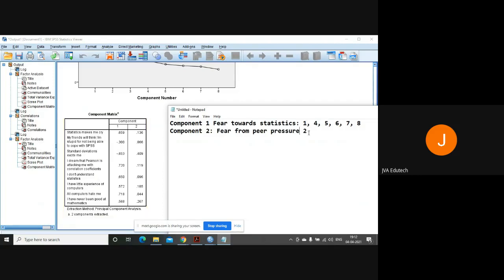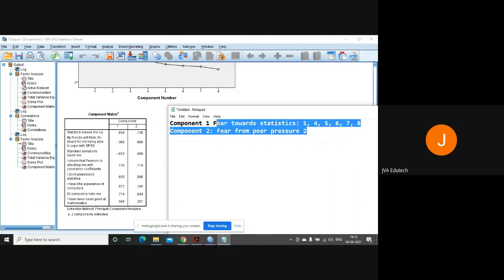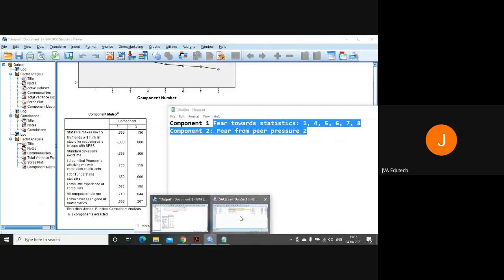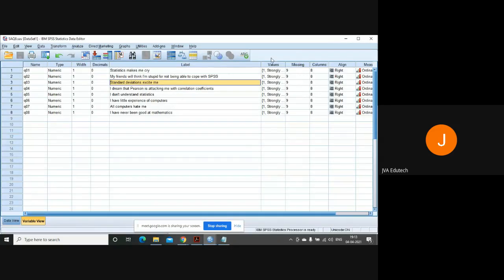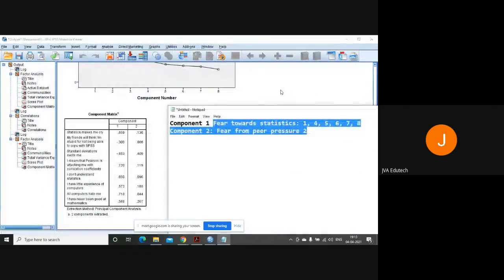And finally, combined, these two will measure our main variable, the anxiety towards SPSS, because this is known as the SPSS anxiety questionnaire. So the main variable under study was anxiety towards SPSS.